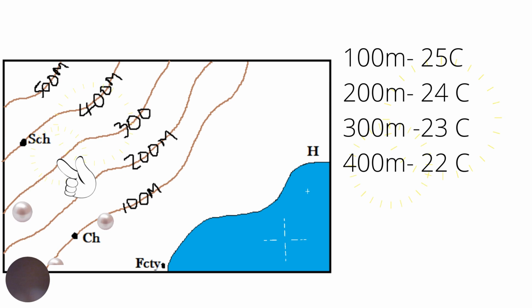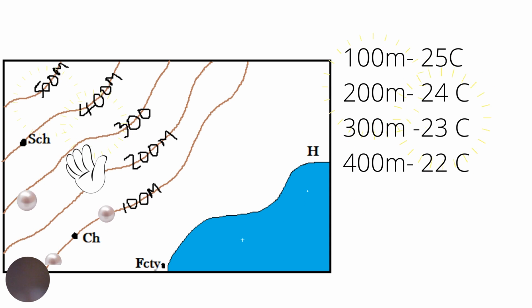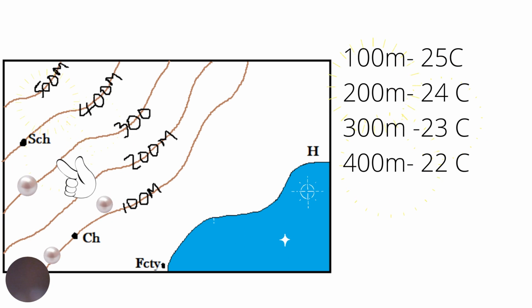So if it is 25 at 100 meters, at 200 meters, it's going to be 25 minus 1 degree, which will be 24 degrees. At 300 meters, it will lose 1 degree more, and therefore it will be 23 degrees. When it reaches the height at which the school is located, which is 400 meters, it is going to lose another 1 degree, and therefore it will be 22 degrees Celsius.